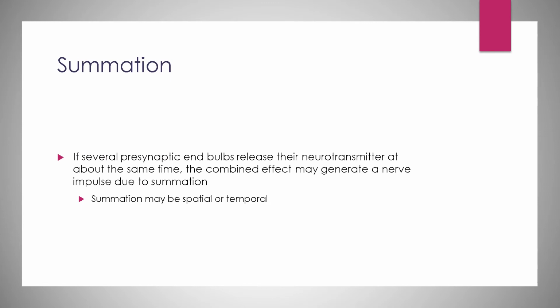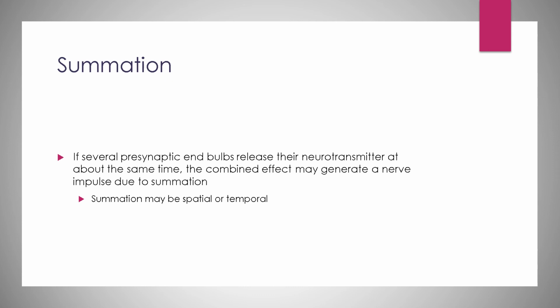A typical neuron in the central nervous system receives input from 1,000 to 10,000 different synapses. So integration of these inputs involves summation of the postsynaptic potentials that form in the postsynaptic neuron. Recall that summation is the process by which graded potentials are added together.